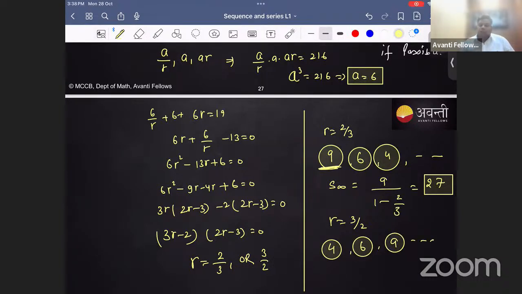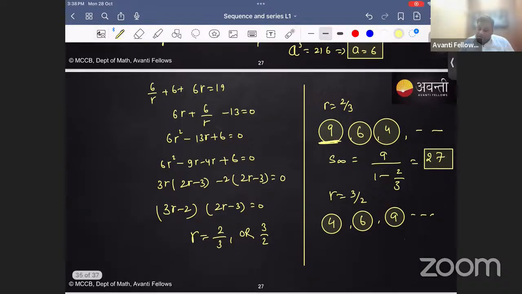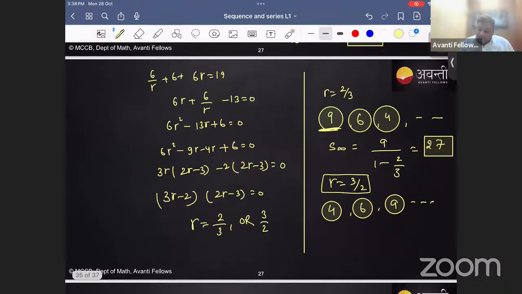Now in this case, the common ratio is 3 by 2. So when the common ratio is greater than 1, the sum of an infinite GP cannot be calculated. Am I correct?